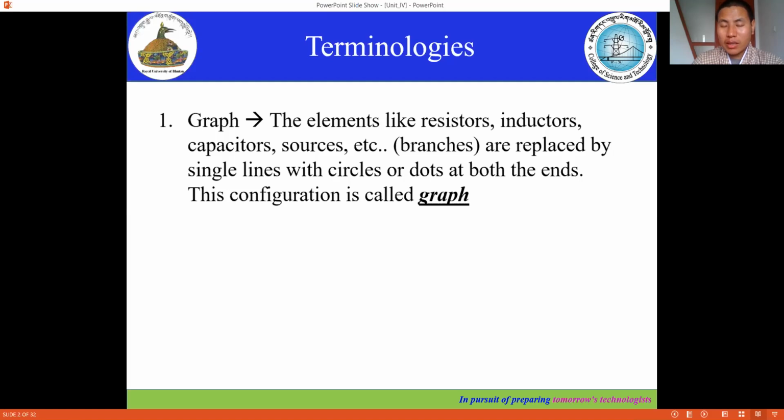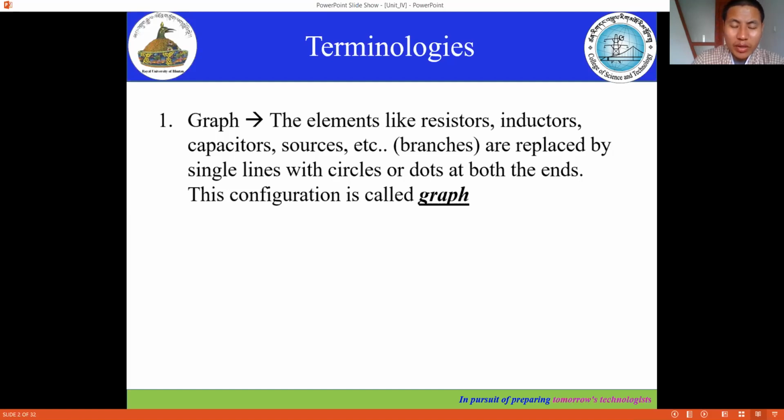For the resistor, we replace it with one single line, and for the voltage source again one single line. And at the node where the resistor and the voltage source are connected together, we replace it with circles or simply dots. Then this configuration is called the graph.